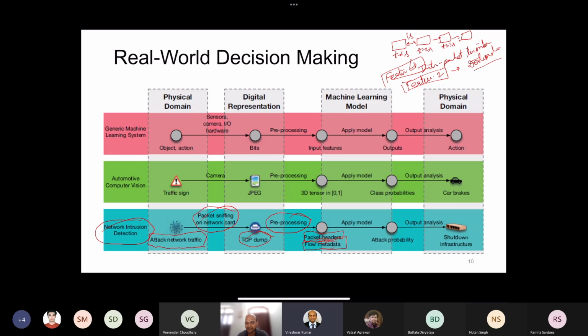So if the destination, so we know, and we also identify whether some destination, so we also need to probably identify what type of destinations you are looking at. So you are not just through the machine learning algorithm, you will not probably directly feed the IP address.